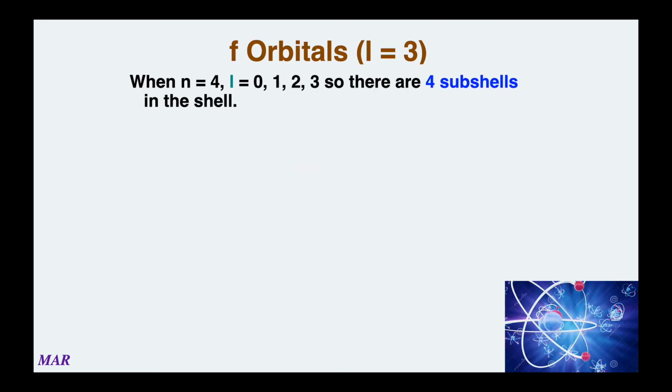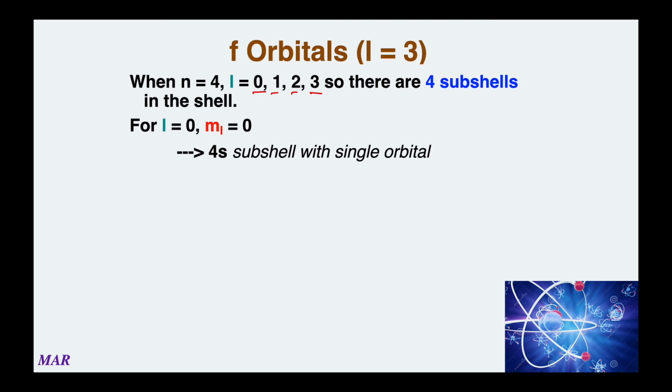There are f orbitals too, and we're not going to spend as much time on them, but when you get to n equals 4, you've got L values going from 0 up to n minus 1, so that means 0, 1, 2, and 3. So there are 4 values of L, which means 4 subshells in the n equals 4 shell.